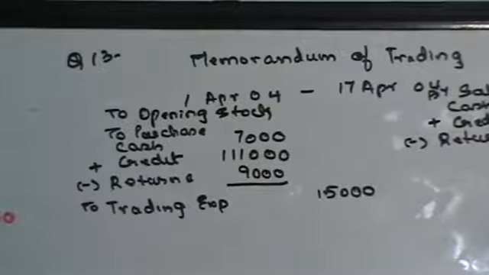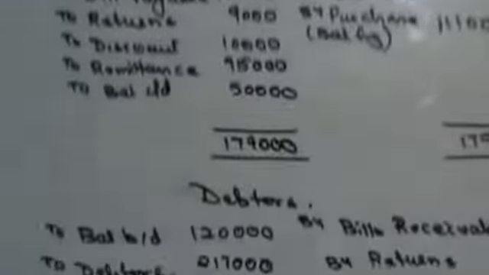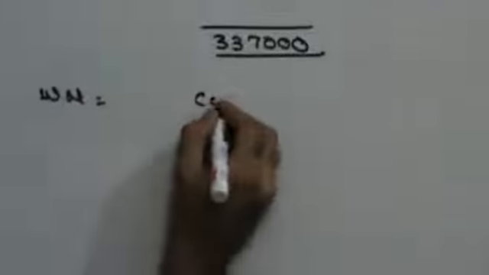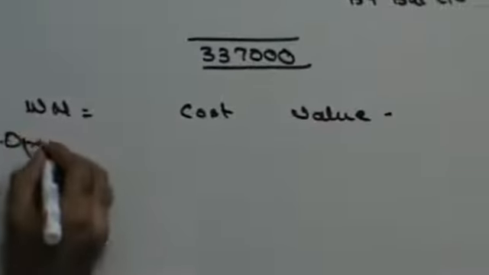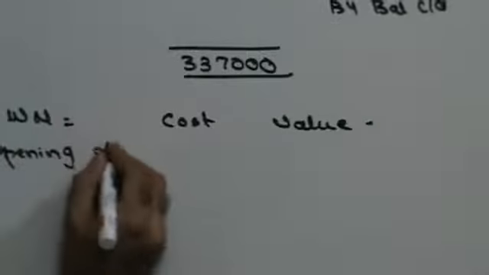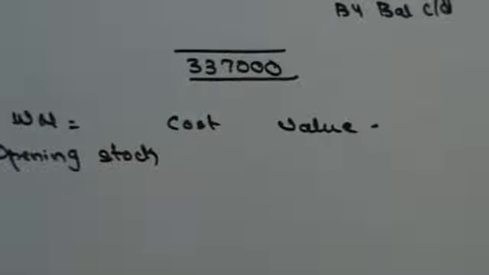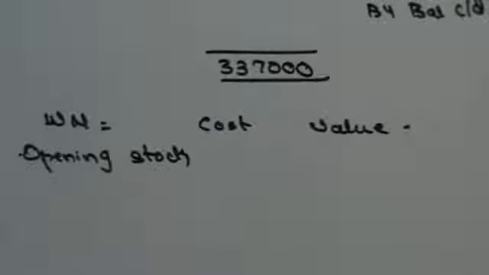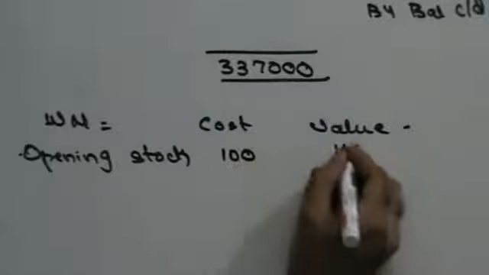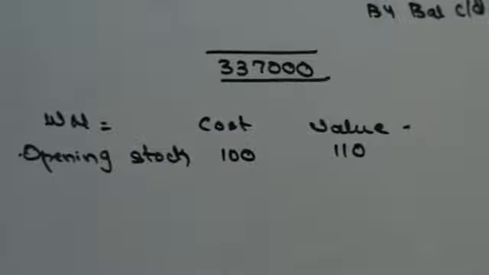Now let's see the working note for this. Cost value. Opening stock has been inflated at 10% above the cost. So if the cost is 100, its value is 110.